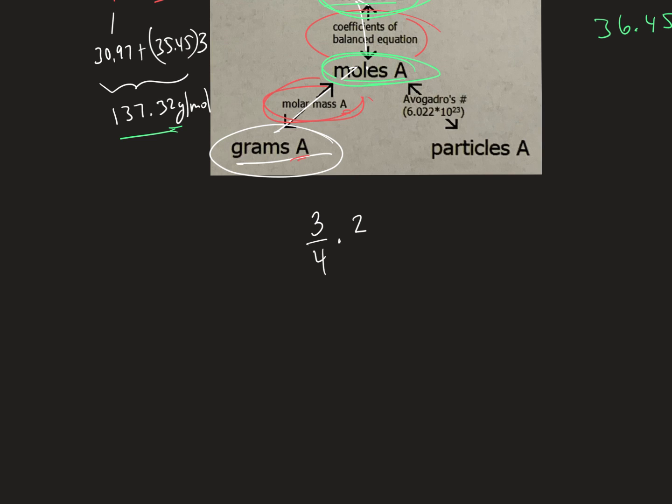My answer should always be 1.5. Now let's multiply the top and I get 6, and the bottom is still 4. I can use a calculator and it'll still give me 1.5. Or I can do 3 divided by 4 and get 0.75, and then times 2. And what do I get? 1.5.